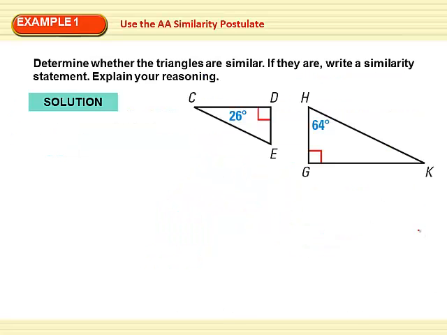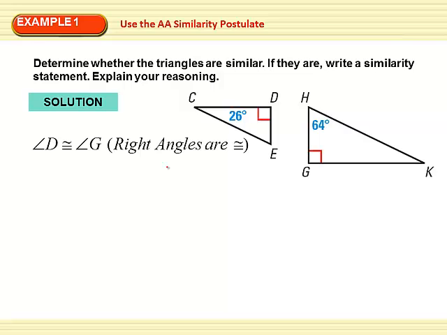Now determine whether the triangles are similar. If they are, write a similarity statement. There are two things to do in this example. First, I see a 90-degree angle. Remember from Unit 4 the triangle sum theorem: all angles in a triangle add up to 180 degrees.